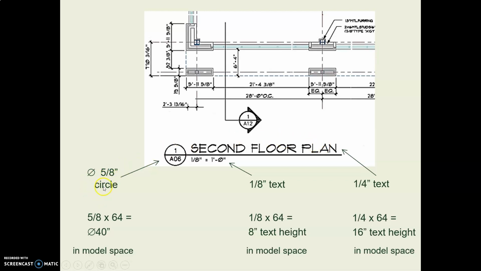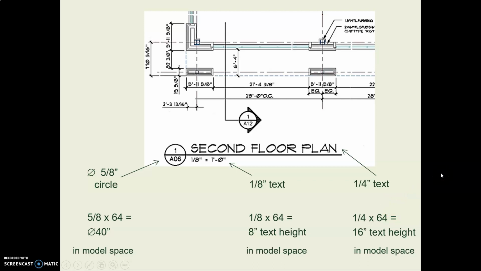So a 5/8 diameter circle in paper space, you're going to have to make your circle 40 inches in diameter in model space. If you have 1/8 inch high text in paper space, you're going to have to make that text 8 inches high in model space. And if you're going to have 1/4 inch high title text in paper space, you're going to have to make that text 16 inches high in model space.